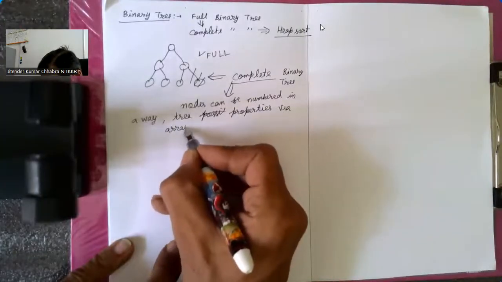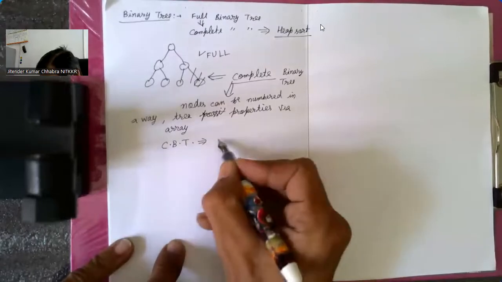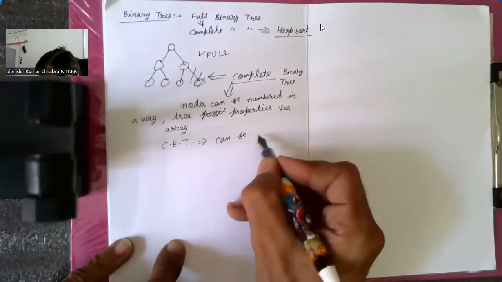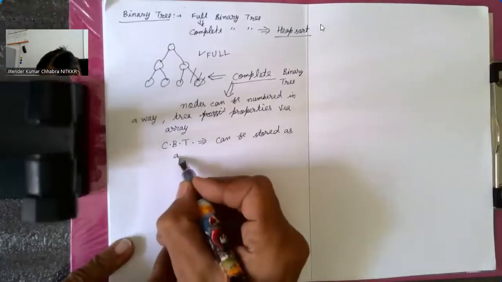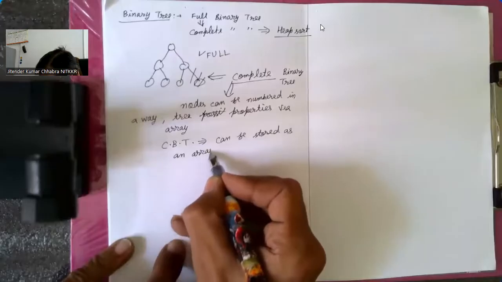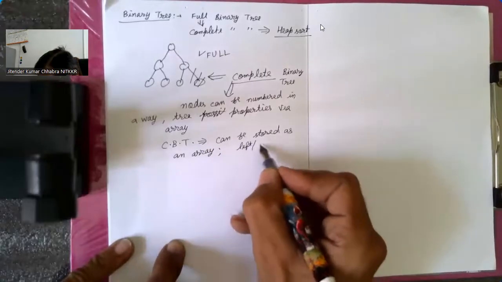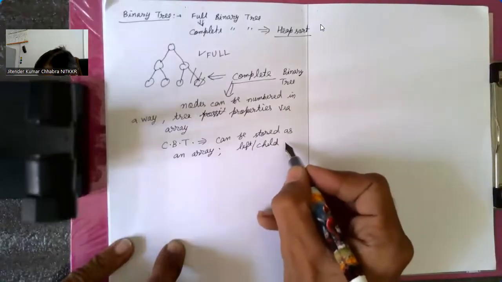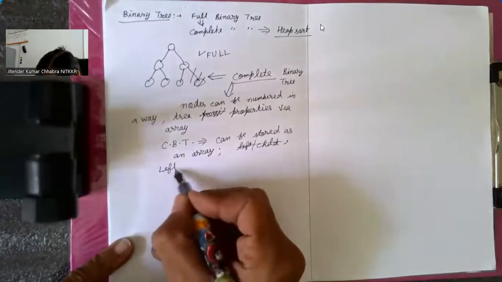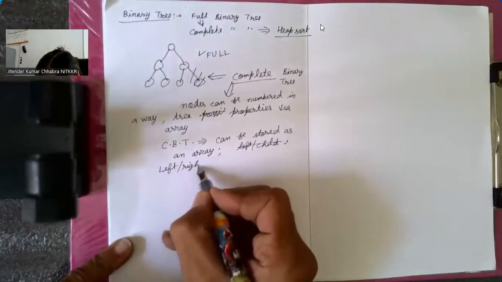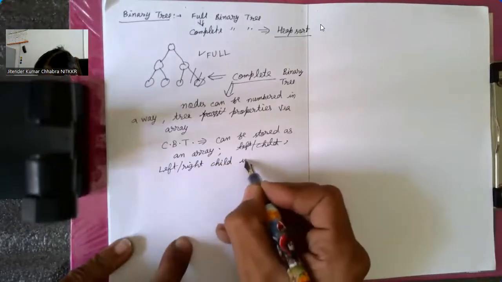What do I mean? I mean a complete binary tree effectively can be stored as an array, and then the left or right child of any node, that is the left and right child's index, will be possible to be found directly.